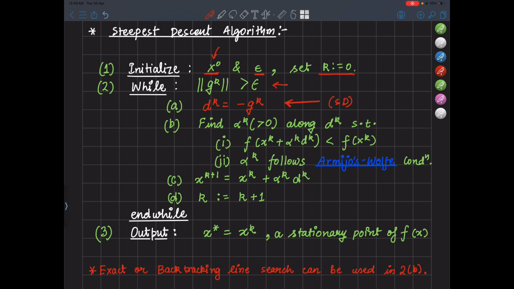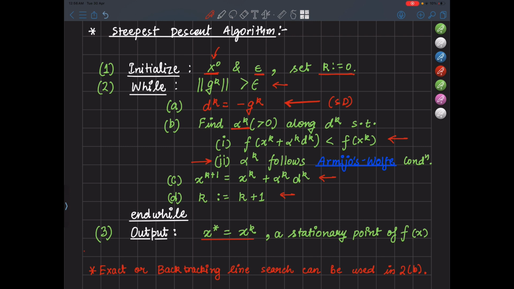Once we have got the descent direction, we now choose the step length alpha k, and it is chosen such that there is a decrement in the function value at xk plus 1, and alpha k should follow the Armijo-Wolfe condition, or maybe the Armijo-Goldstein condition. Then we update the point xk plus 1 and update the iterate, and this loop continues till the stopping condition is not satisfied, and at the output, the stationary point is given by xk.